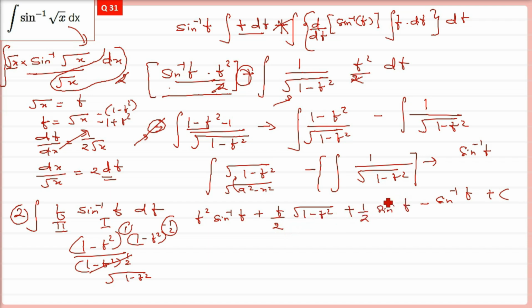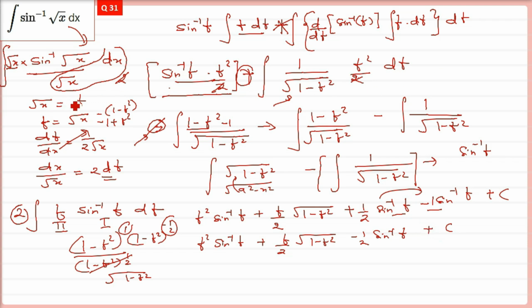Okay, this can be a final result, but since we have sine inverse t in this half and negative 1, we can just combine these two. Half minus 1 is negative half only. So t square sine inverse t plus t by 2 under root 1 minus t square, and this will become negative half sine inverse t plus constant of integration.